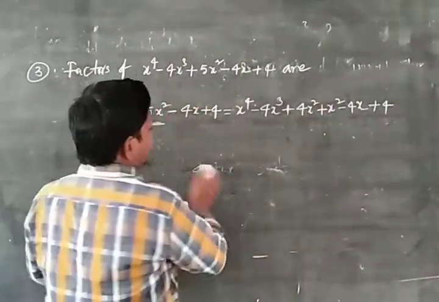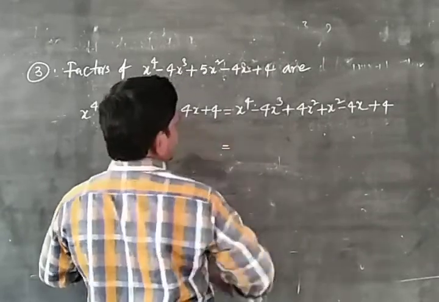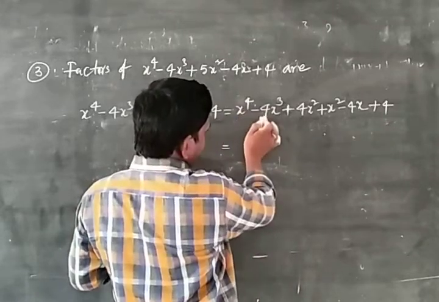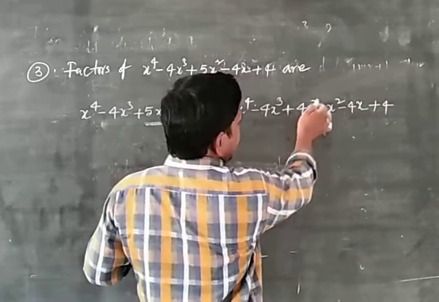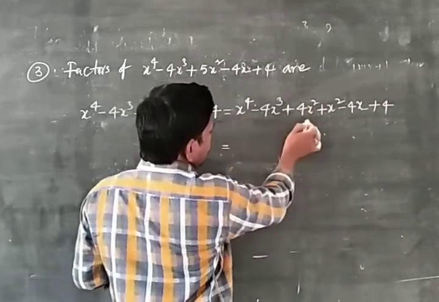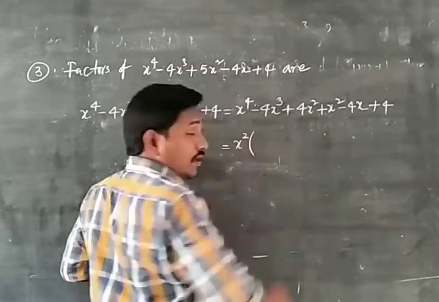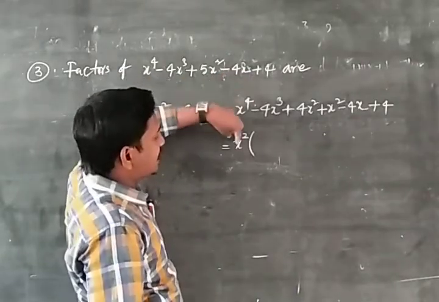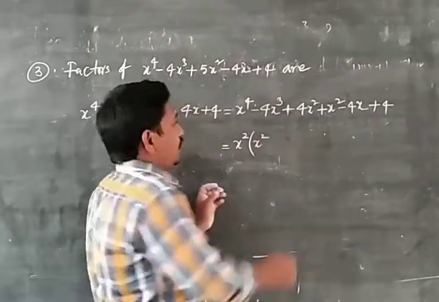Now here we have x power 4 minus 4x cube plus 4x square. I want to take the common x square. In x power 4, by taking x square, what is the remaining one? x square.